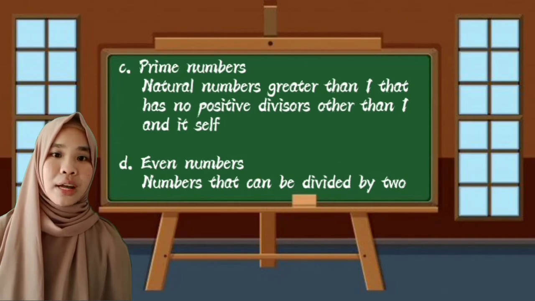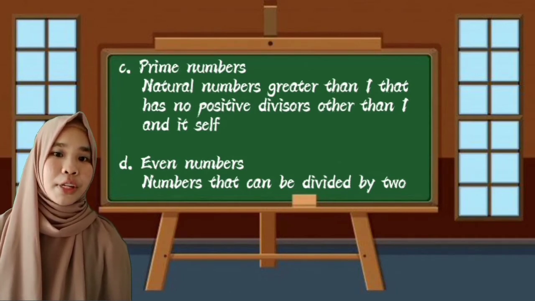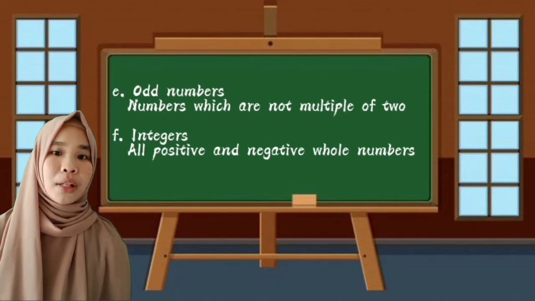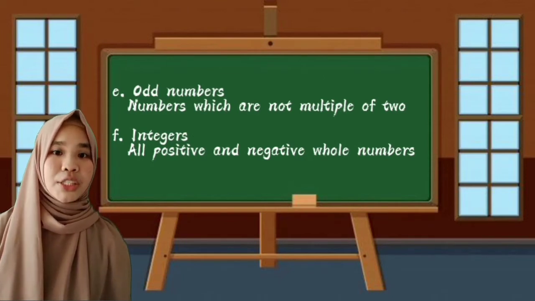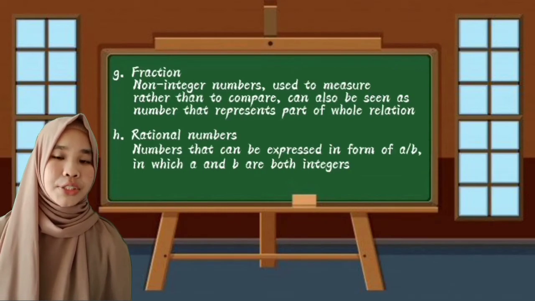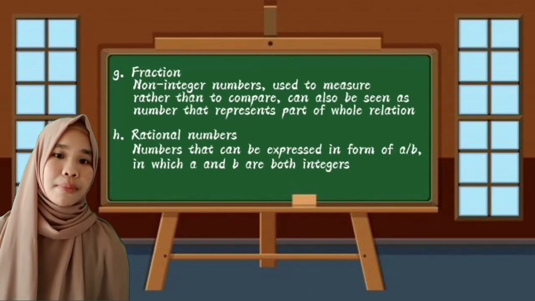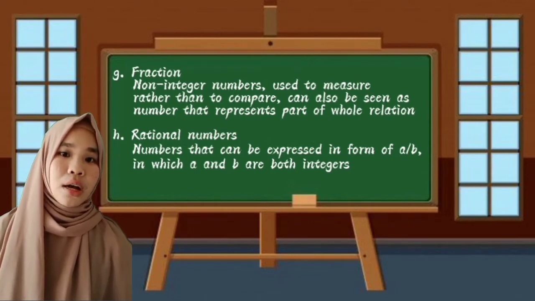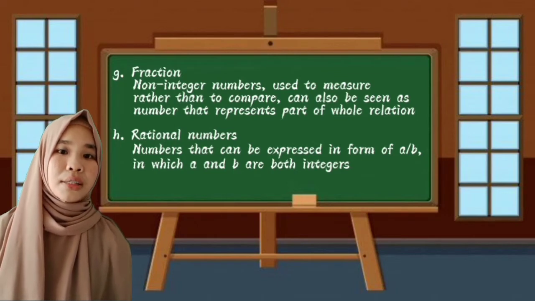D, even numbers. Numbers that can be divided by 2. E, odd numbers. Numbers which are not multiples of 2. F, integers. All positive and negative whole numbers. G, fraction. An integer number used to measure rather than to compare can also be seen as a number that represents part of a whole relation.